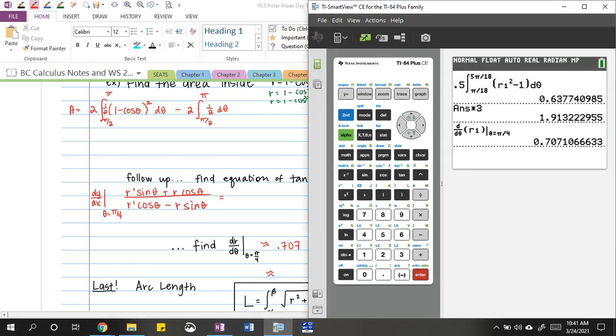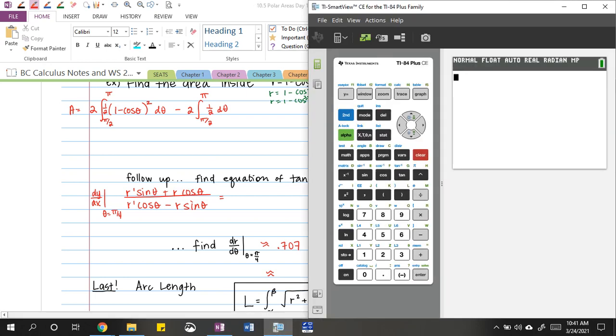So this might be a little tricky, but I have my r, right? So let's see. Evaluate r at pi over 4, times the sine of pi over 4, so times 1 over radical 2.